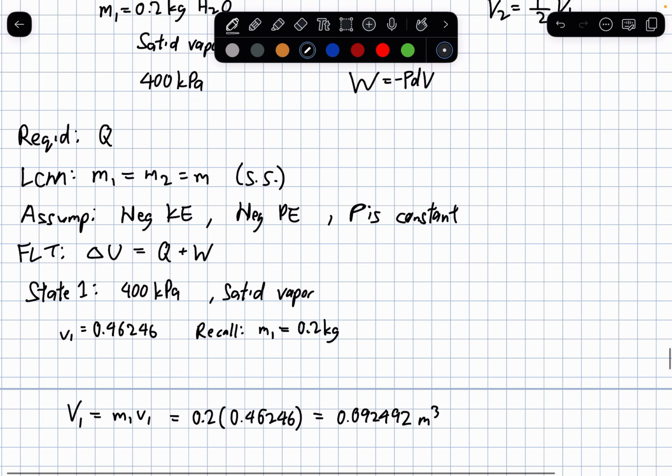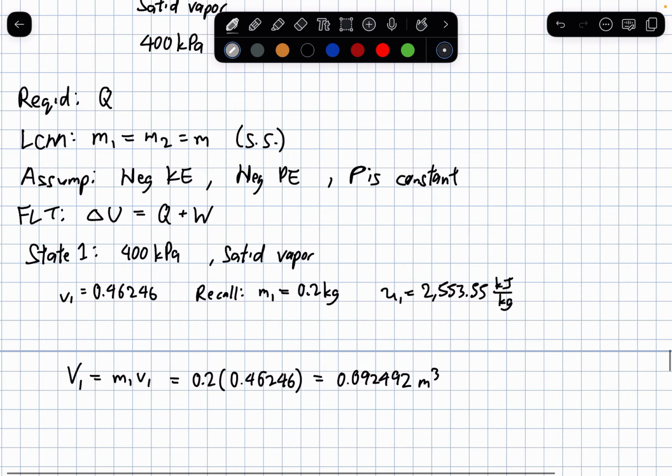We need internal energy eventually for later. Let's find U sub 1. 400 kPa saturated vapor. 2553.55. Okay, we'll need this later.